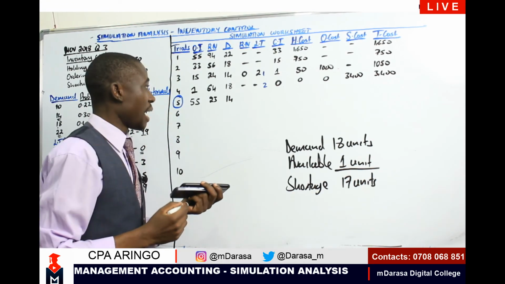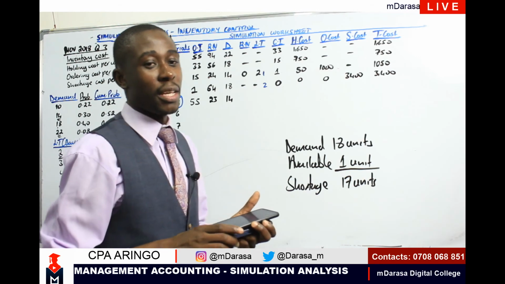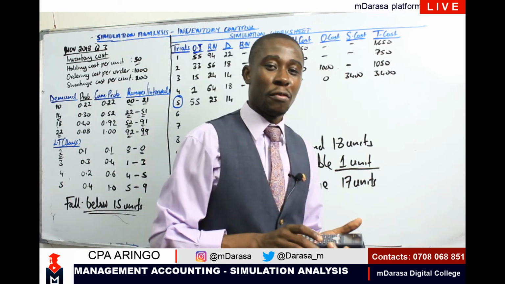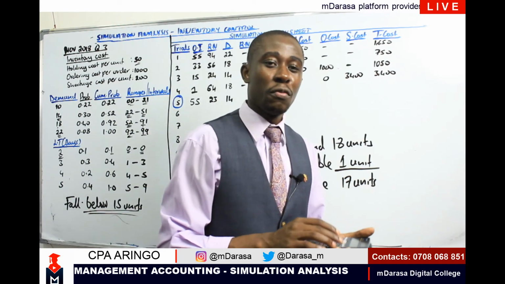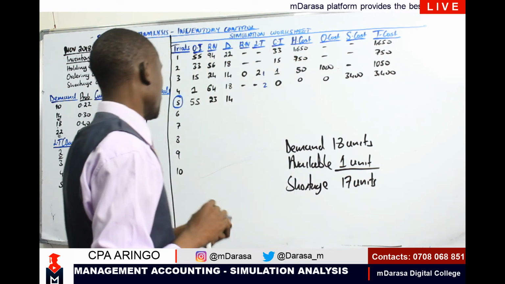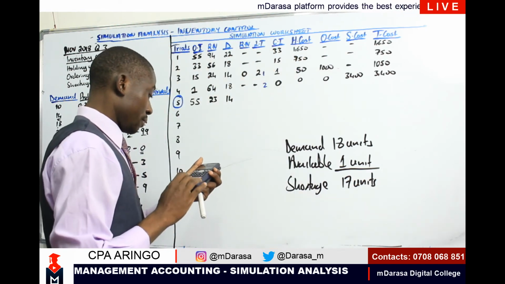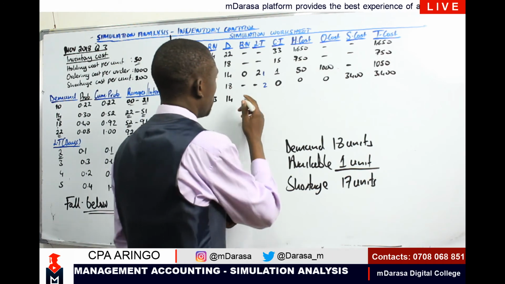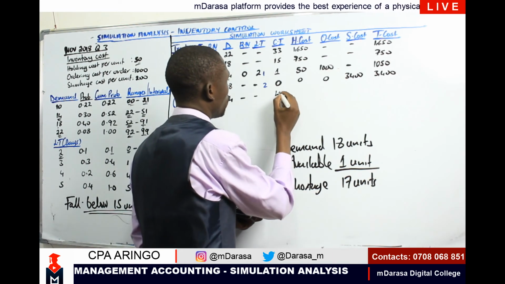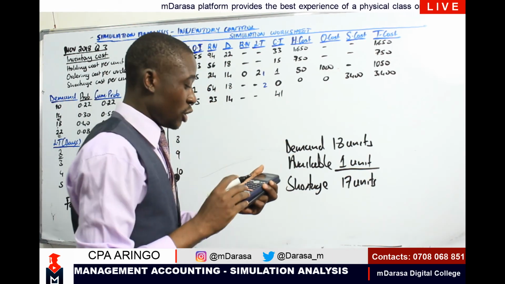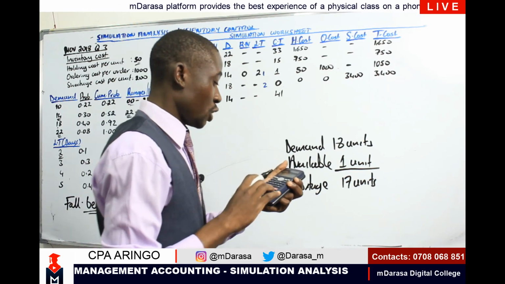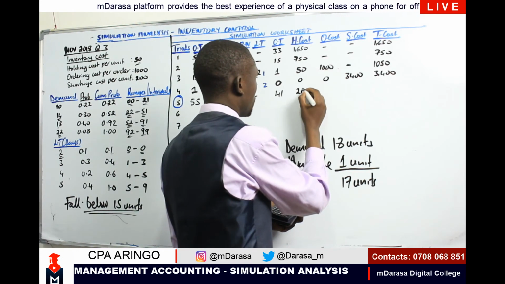So after my inventory, the balance I had 55, we've sold 14 units. So therefore I should be talking of 41 units being available in store. 41 units. And each unit I'm maintaining that at 50 shillings to give us 2,050.